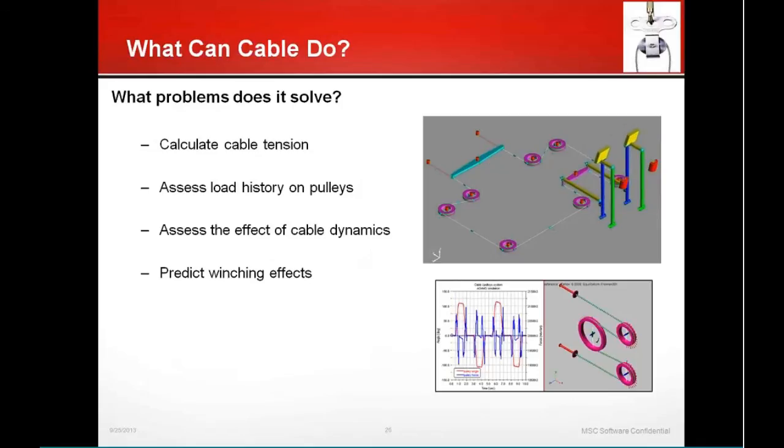The module does support out-of-plane motions of all the pulleys during the simulation. It also supports some basic winching effects whereby you can release more cable into the system or draw in cable during the analysis. So a wide variety of cable issues can be solved with this module.